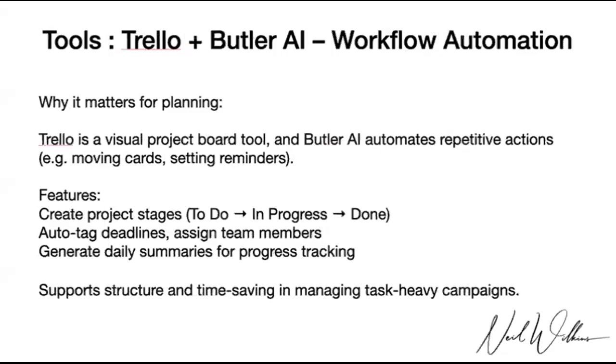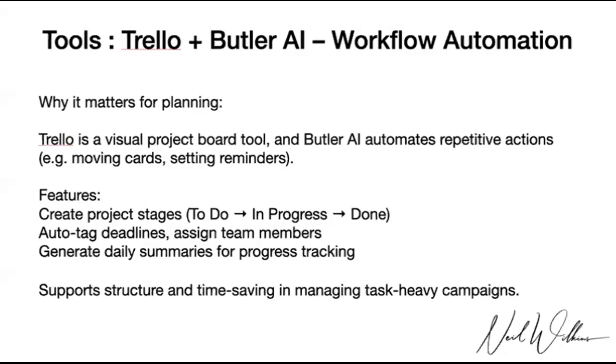If you want to do some kind of automation with the kinds of things that we are talking about, then tools like Trello and Butler AI working together can be an incredibly powerful way of supporting the structure of your project and saving time in managing particularly task-heavy campaigns, where normally there'll be a lot of human interaction and accountability and time and resource spent to run the actual campaign.